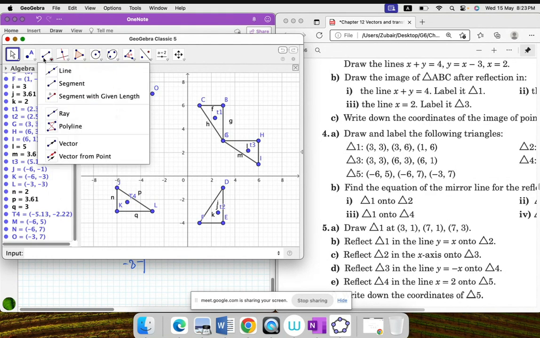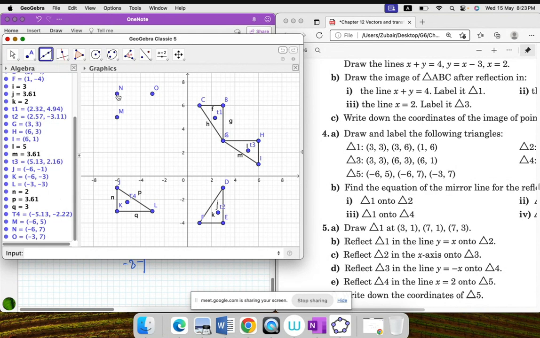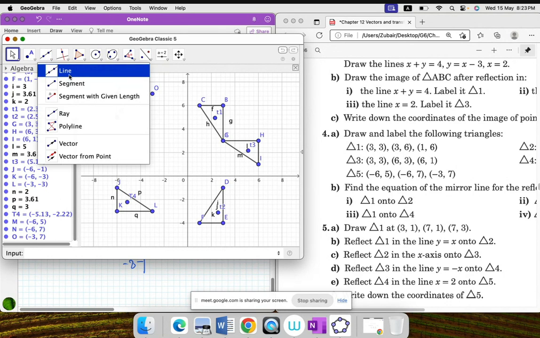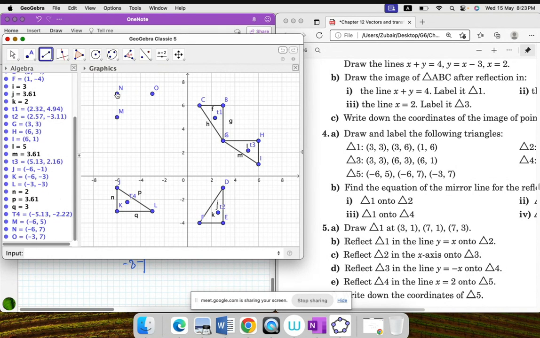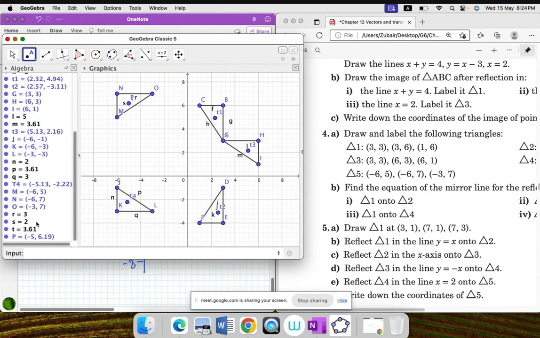Now we draw our line segments to complete the triangle. And I'm labeling it triangle 5.